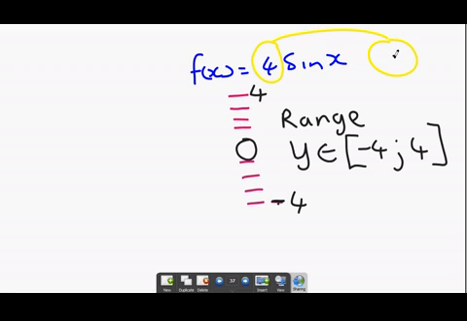What if my number was negative? What if my coefficient was negative? I'm going to use two negative numbers. f of x is equal to minus 3 cos 2x minus 8.